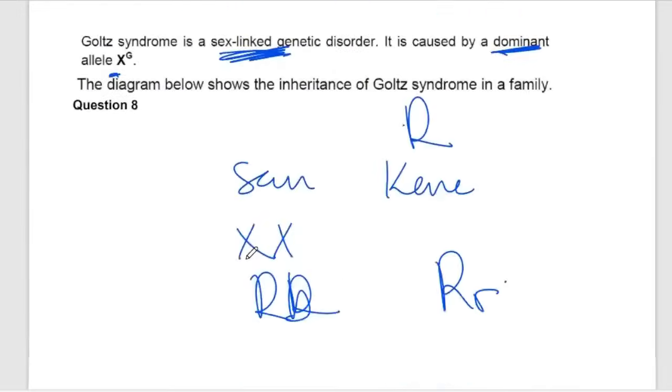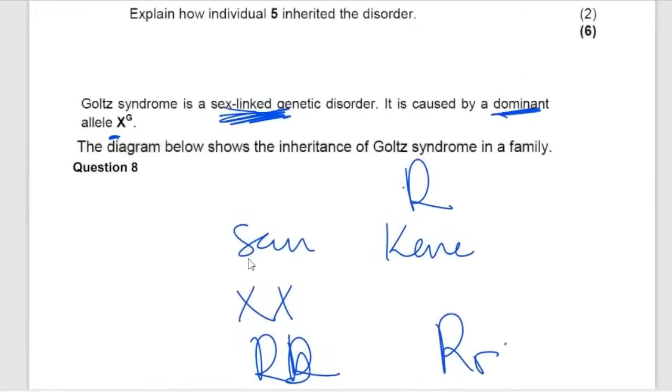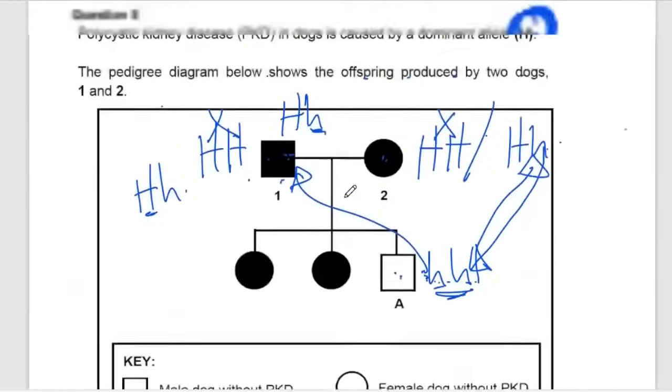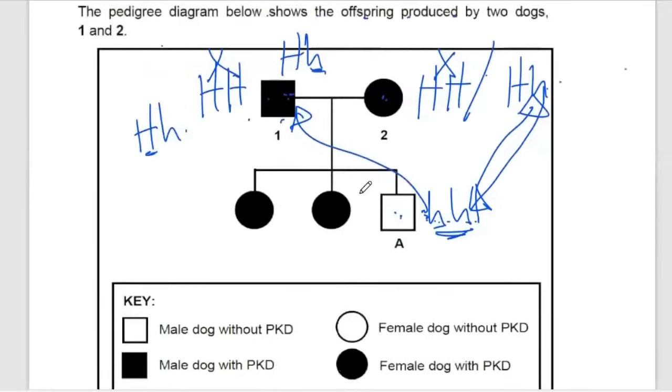Even here they said it is sex linked, and they gave you what to use, that it is carried on the X chromosome. So this situation is caused by a dominant allele, but it can be caused by a recessive allele.